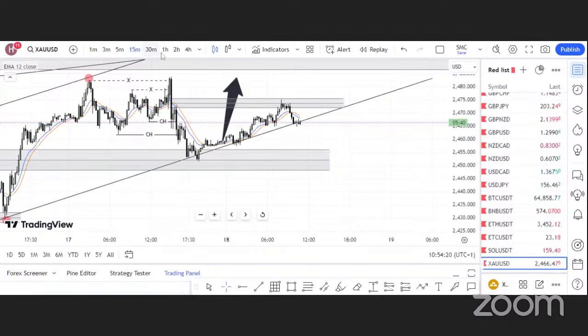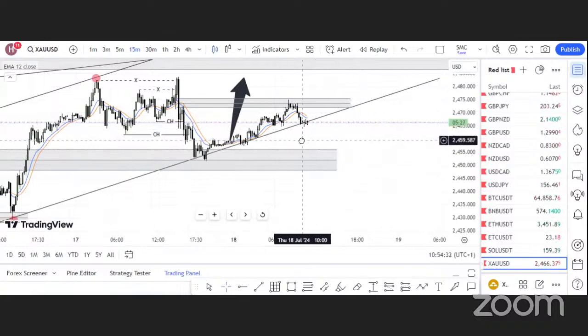Okay, we have less than 6 minutes on the 15 minutes time frame. So let's see if this is going to give us an entry opportunity. If we get an opportunity, we'll just go ahead and open a position.